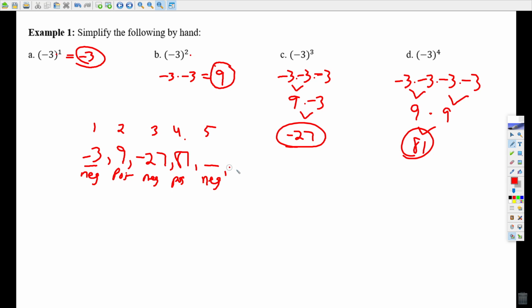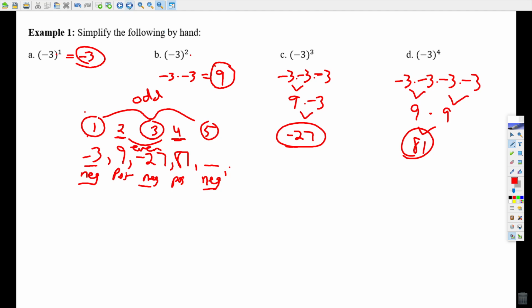And this pattern is going to continue back and forth, back and forth. So we're just going to summarize what happens. So when do you get negative answers? Specifically when the power is odd, right? And every time you get a positive answer, that's every time you have an even power.